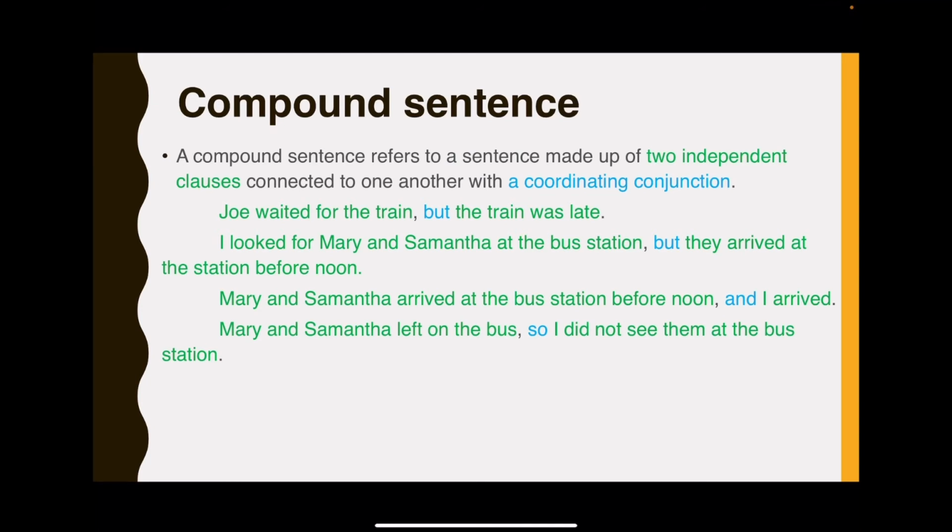So you can see that we have two independent clauses joined by using a coordinating conjunction. That is the characteristic of a compound sentence. Don't forget about this: two independent clauses joined together by using a coordinating conjunction. Alright, let's move on.